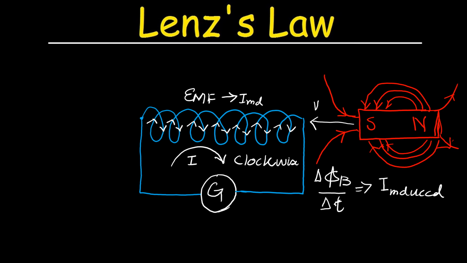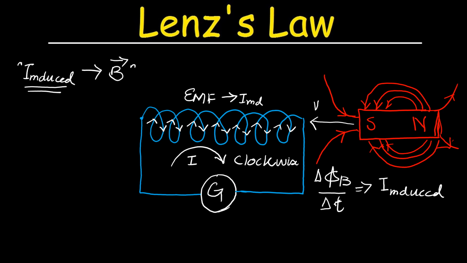So this is the direction of the induced current in the coil. The induced current in a coil also generates its own magnetic field, and the direction of the magnetic field will change with the direction of the induced current.